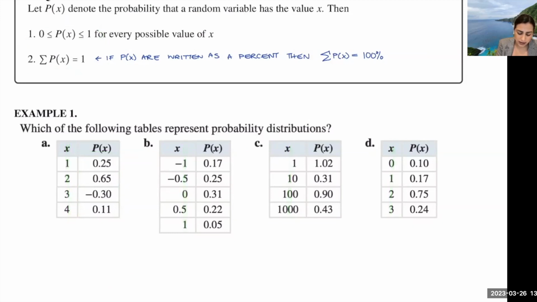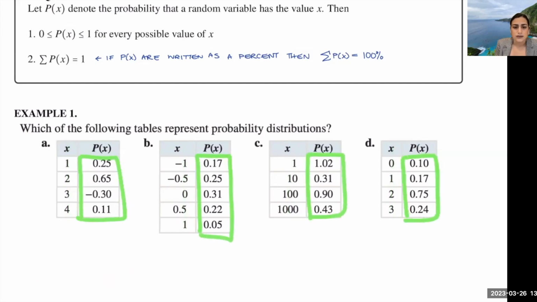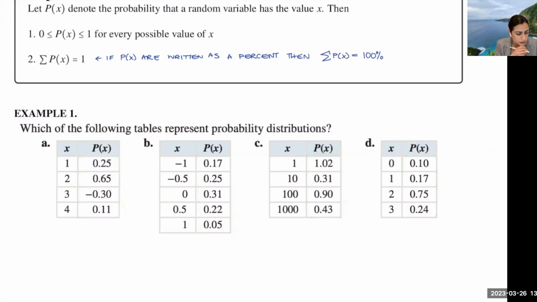We're looking at the probabilities here, to see that all of them satisfy these conditions. Let's look at number one. Does it satisfy both of these conditions?